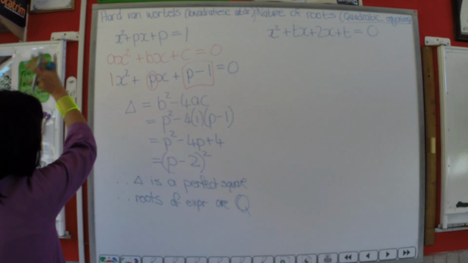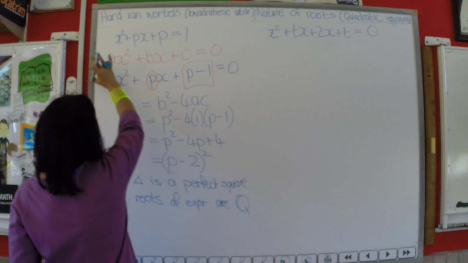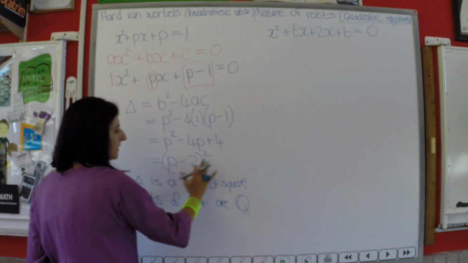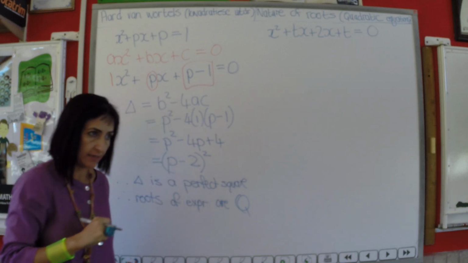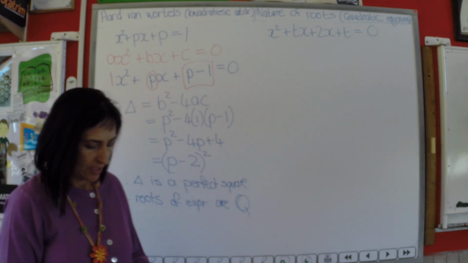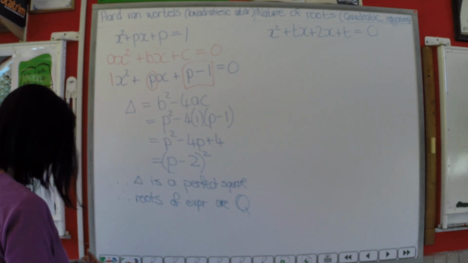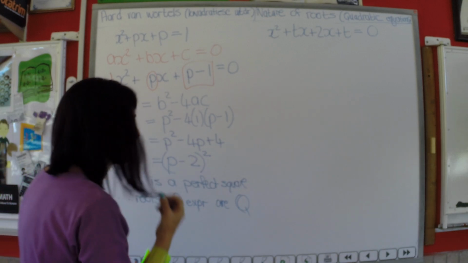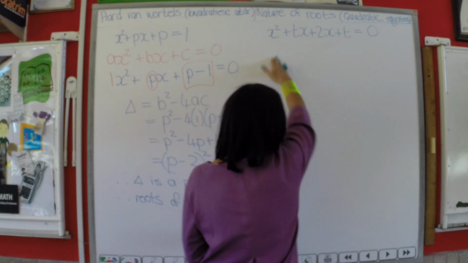So ek het doodgewoon net my leerwerk gevolg, ek het standaard formaat gekry, delta uitgewerk en die waarde van delta, al het hy 'n veranderlike. The value of delta shows me that the roots are rational, because delta is a perfect square. Goed, kom ons gaan kyk na hierdie ouetjie.